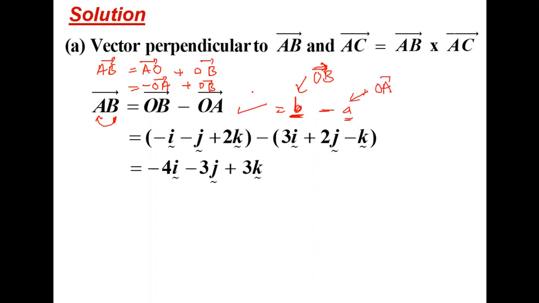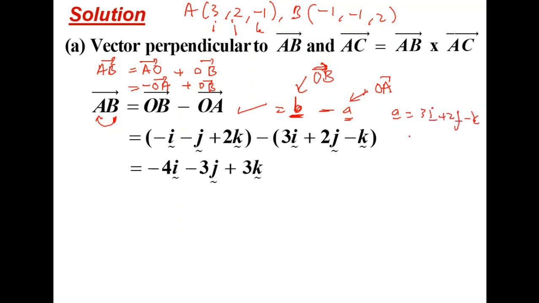Then, from the given coordinates, change to position vectors, with components I, J, K. For vector A, 3I plus 2J minus K. Vector B, negative I minus J plus 2K.